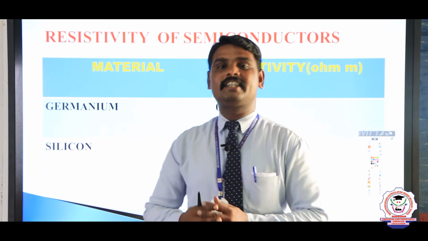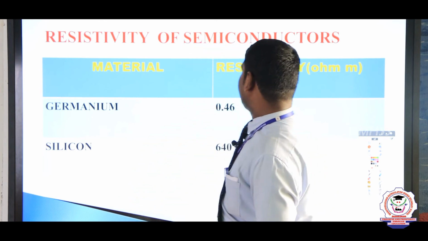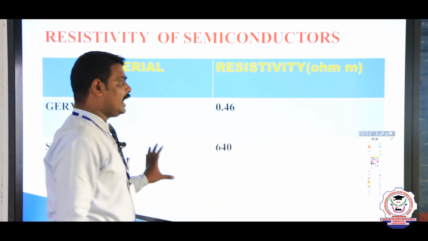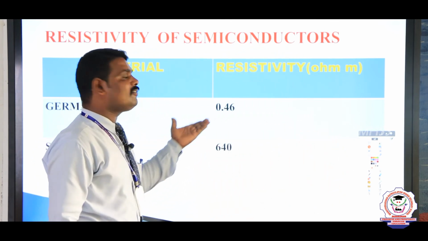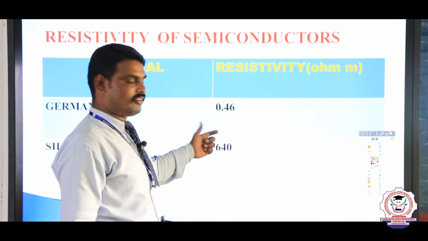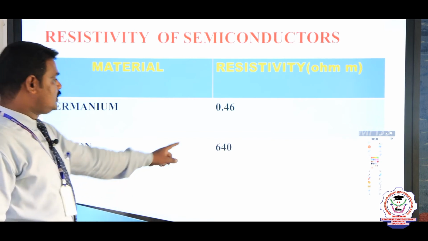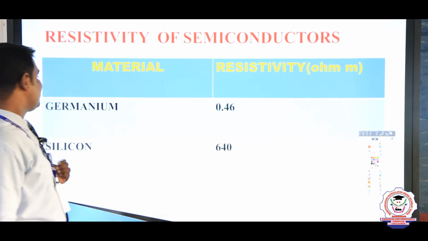All the electronic devices are made up of only semiconductors. The semiconductor has a small amount of resistivity: 0.46 ohm meter for germanium and 640 ohm meter for silicon.